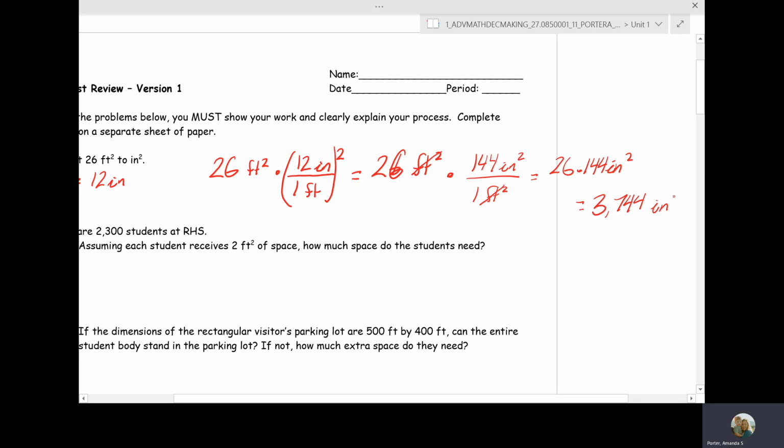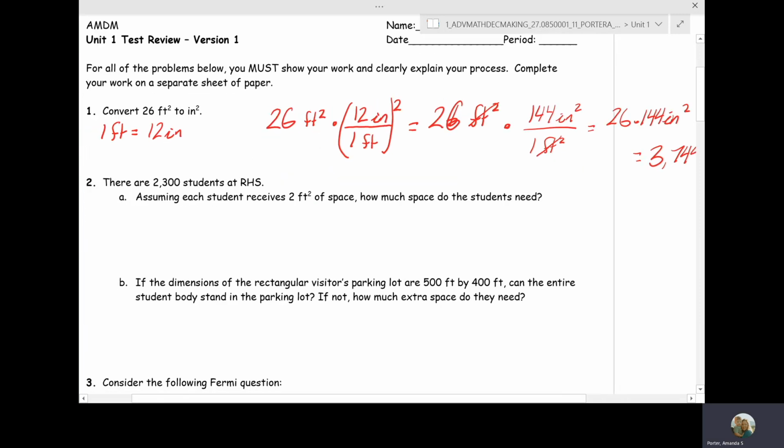Now, the next one, this is kind of getting at one of the Fermi questions. So there are 2,300 students in RHS. Assuming each student receives 2 square feet of space, how much space do the students need? Okay, now this one, we're not really working backwards. We know how many students, we know the space.